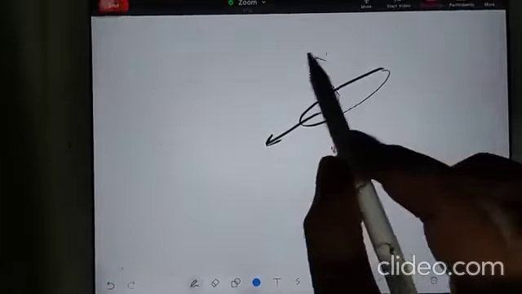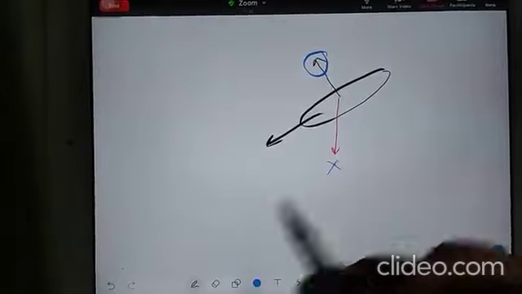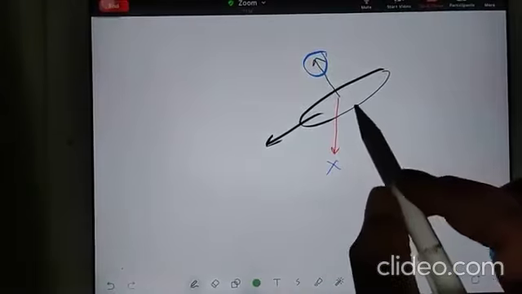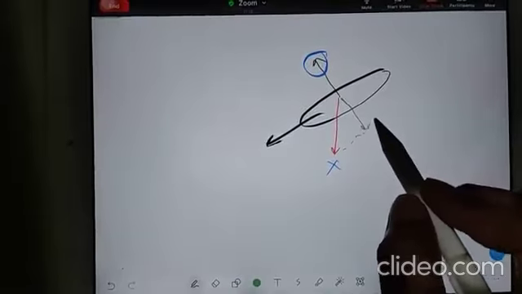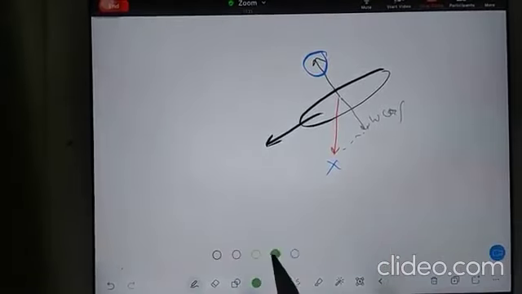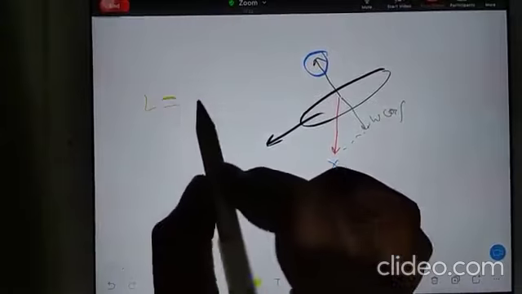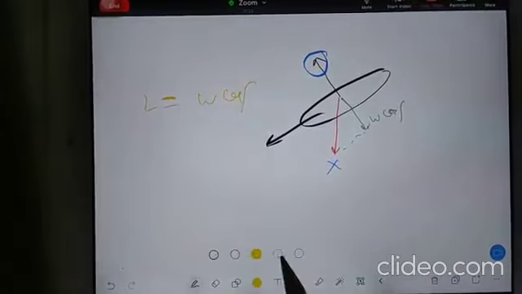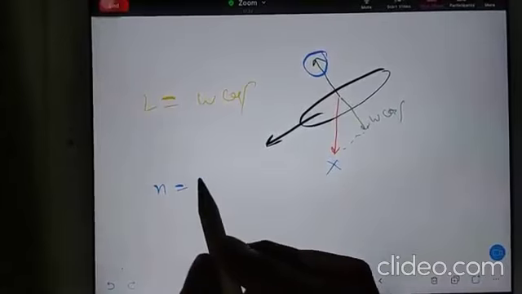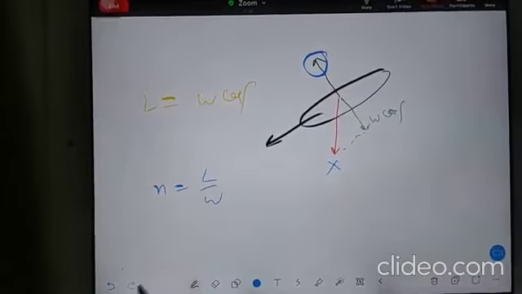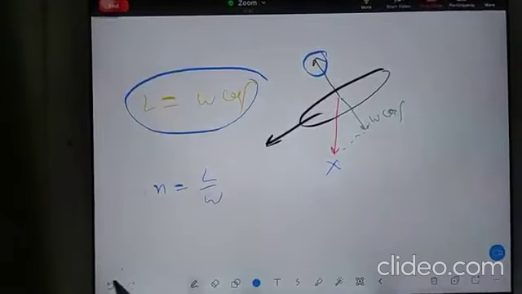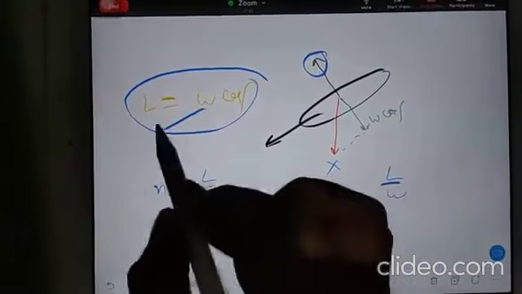This lift was not balancing the entire weight. What was balanced by the lift was only W cos gamma. It means your lift was equal to W cos gamma, correct? What is load factor? Load factor is exactly the ratio of lift by weight.